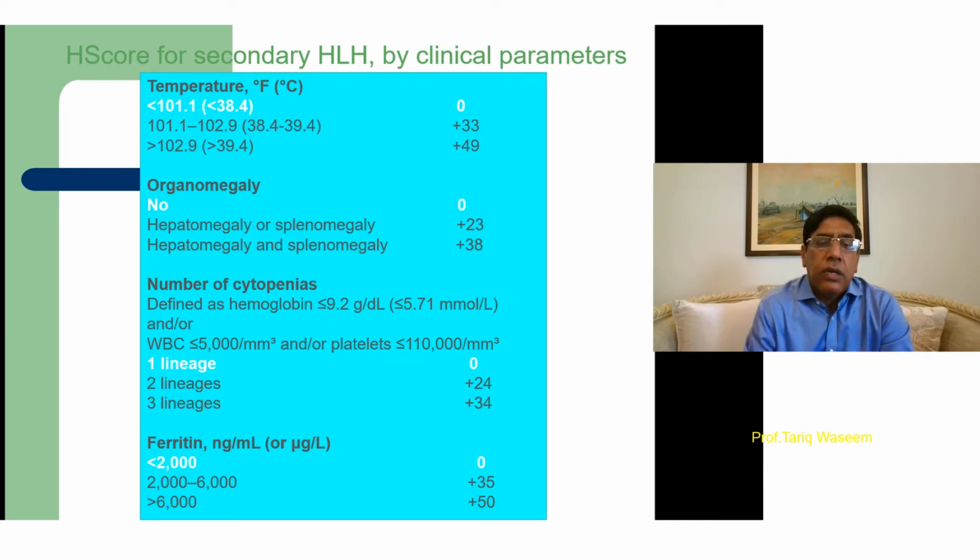The next one is ferritin. Ferritin is considered an acute inflammatory marker; on any onset of insult or inflammation, it gets elevated. A ferritin level of less than 2000 nanogram per ml would be scored 0, but anything between 2000 to 6000 would have a score of plus 35, and anything more than 6000 would have a score of plus 50.